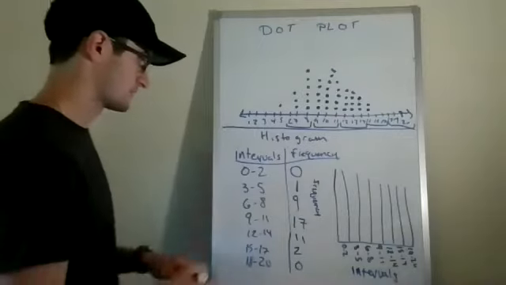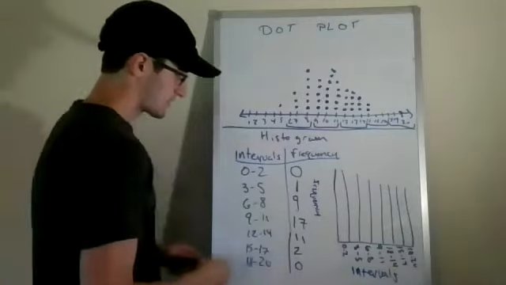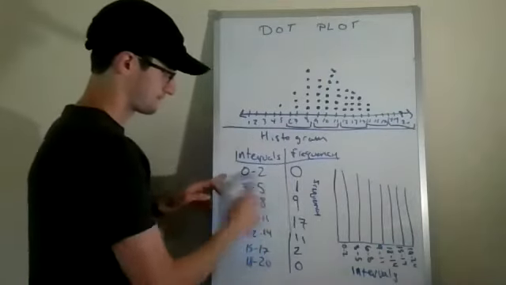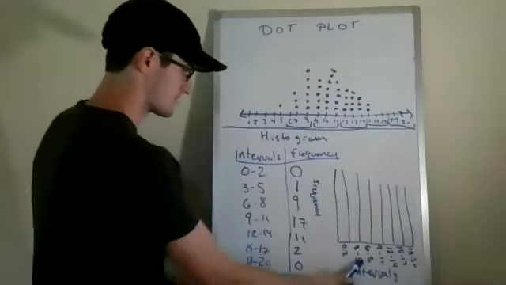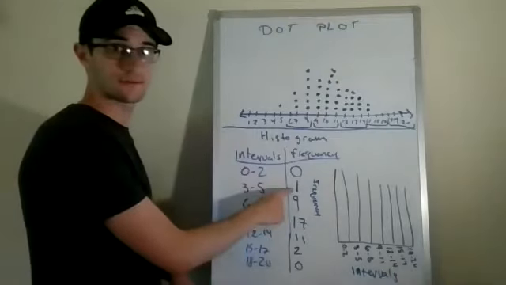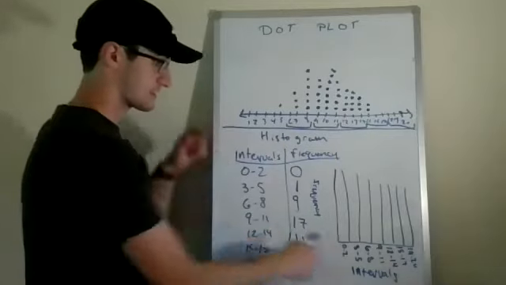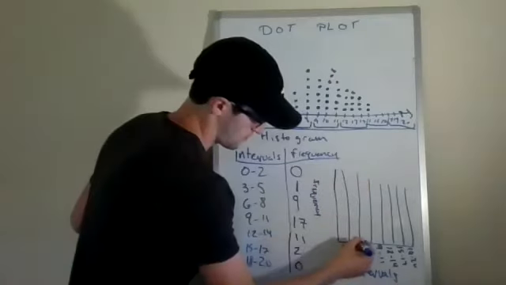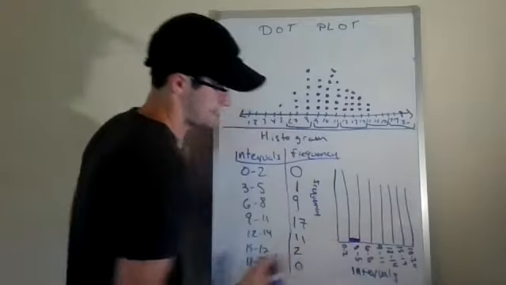All right, so now I think this is when it starts to make a little more sense. You check 0 to 2 and you look at the frequency and you see there was none, so I don't shade anything in. Then you check 3 to 5 and there was 1. So I would go over here in my 3 to 5 column and I would shade 1 of the boxes in.